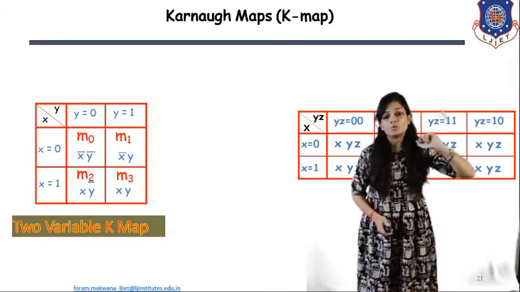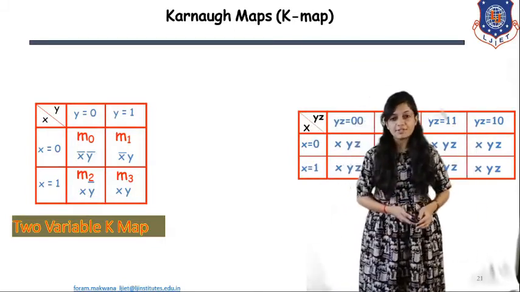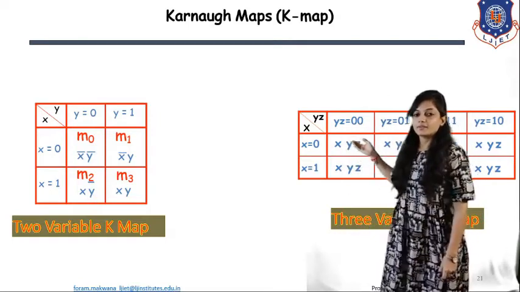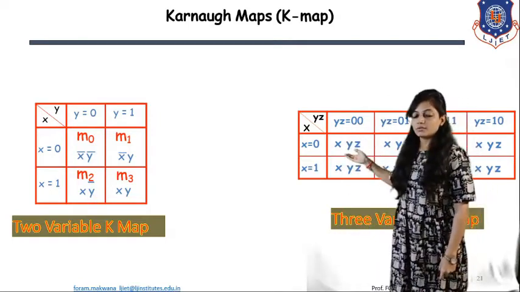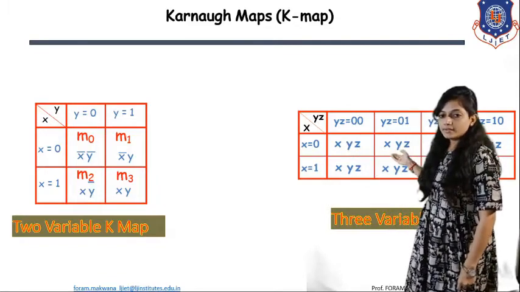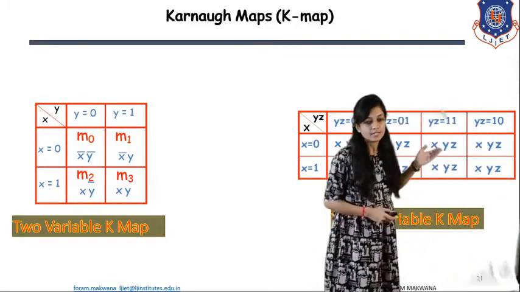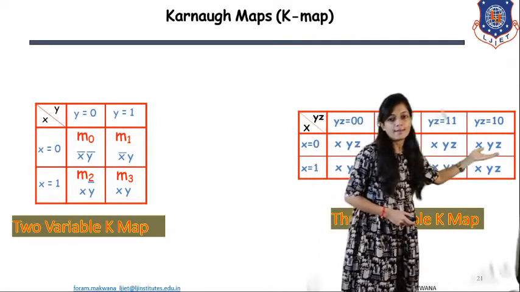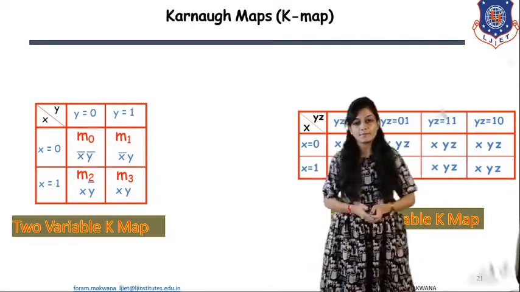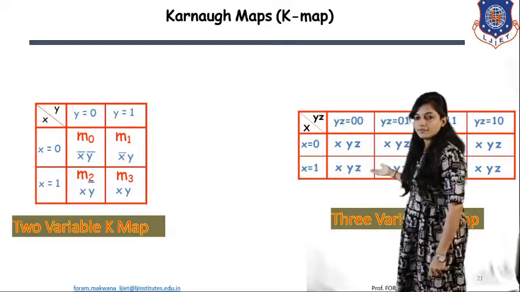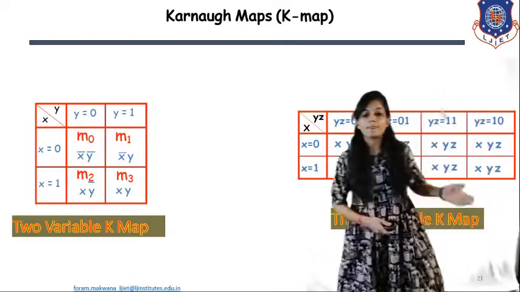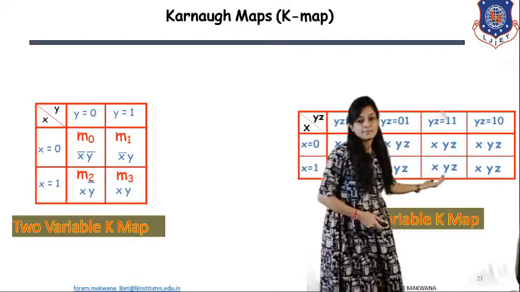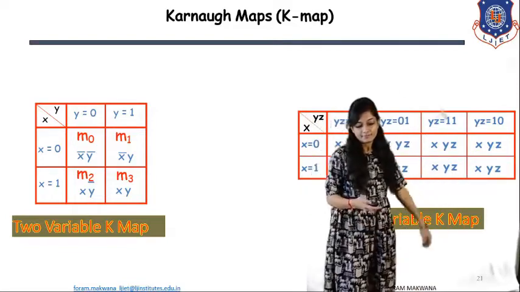Right? So how to write it? The method is for x, y and z, 0 0 0, 0 0 1, that means m0, m1, m2, m3, and over here m4, m5, m6, m7. Alright?